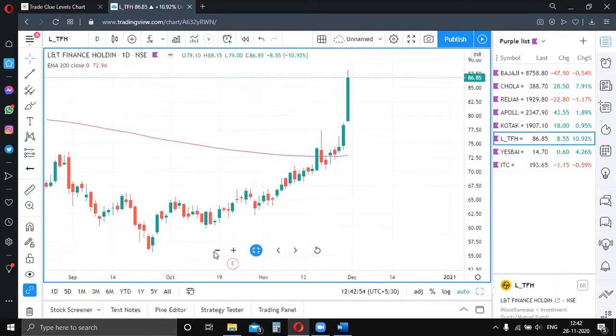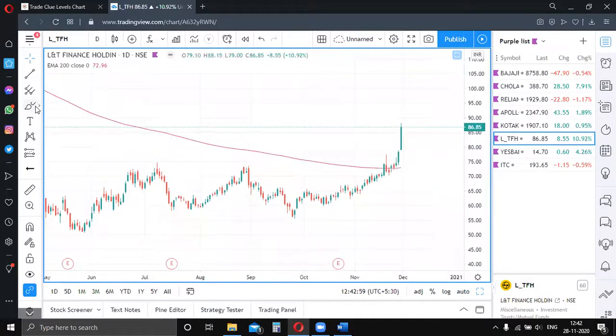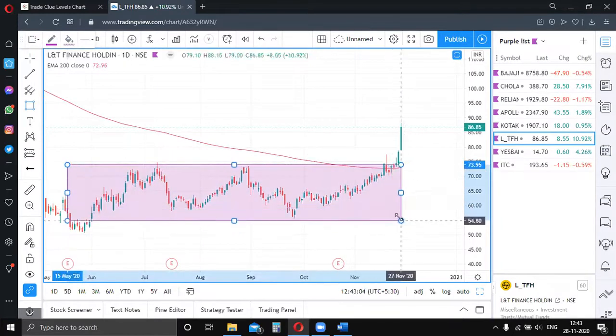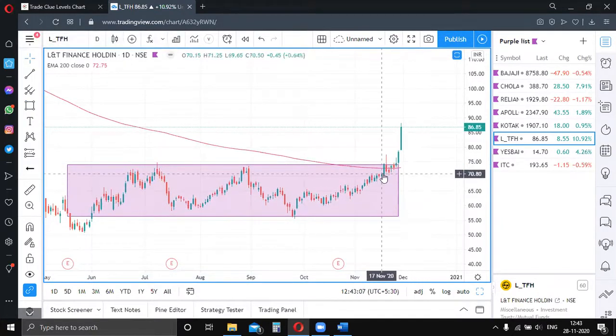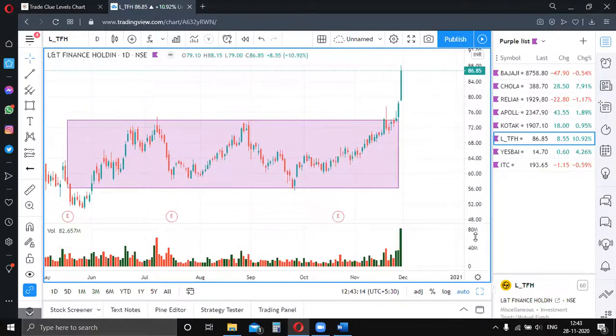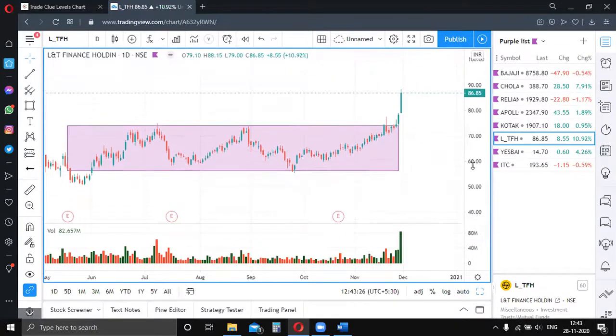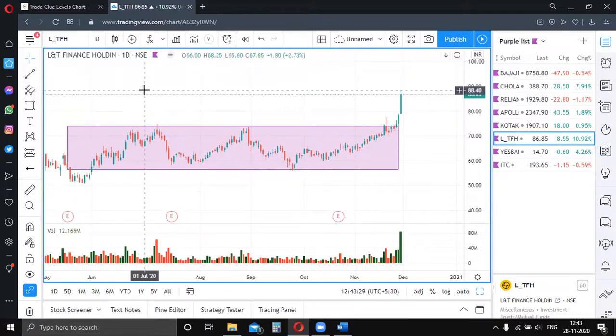If you see, yesterday there was a clear breakout from a previous range, and price just crossed the 200 moving average, and that too with a solid volume backup. Almost 80 million shares were traded on that particular day. These are very good backups, and you can keep this stock on your radar for swing as well.